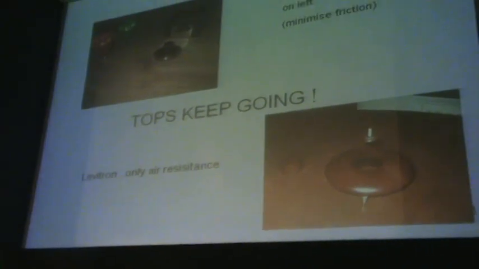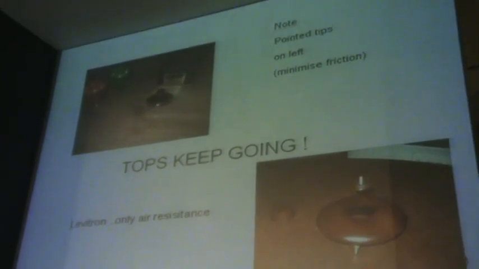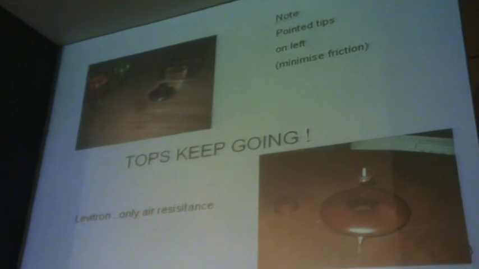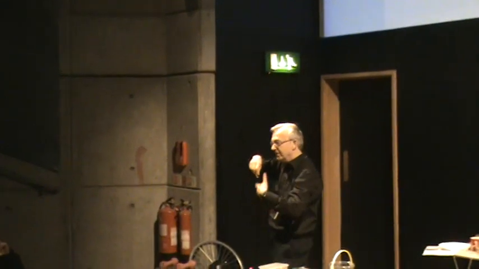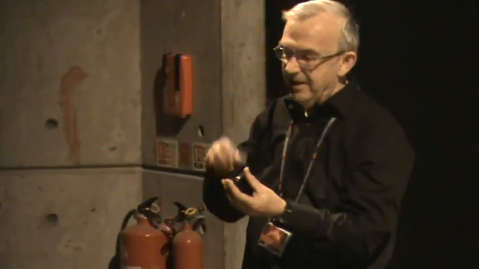They keep going. As I said, this one is made to spin, and you can adjust the balance and so on, and get it to spin for a long time. To get tops to spin for a long time, they need to be very well balanced. One of the main losses of energy of a top, certainly with a point, is a bit of wobble that comes about because of imperfections in the symmetry of the top.